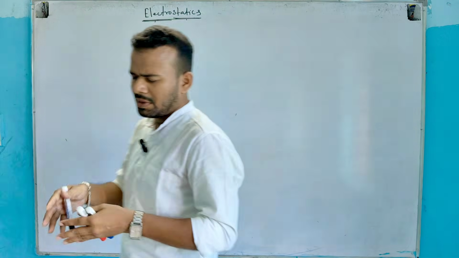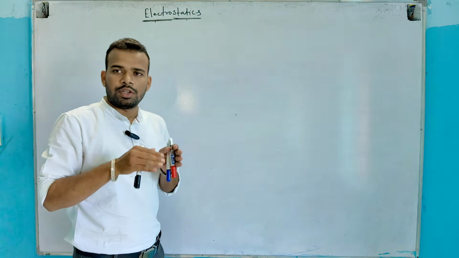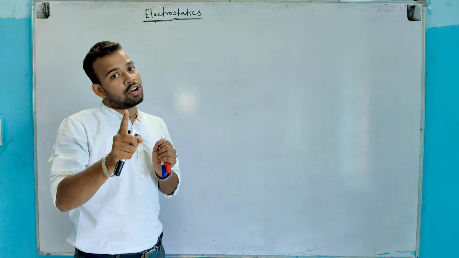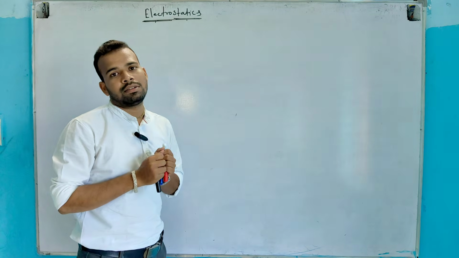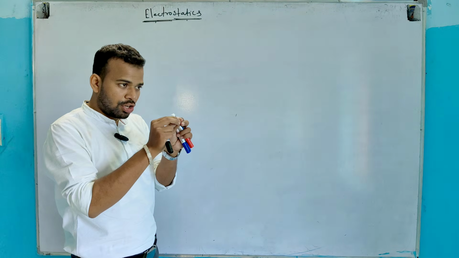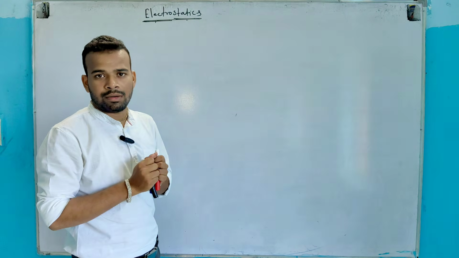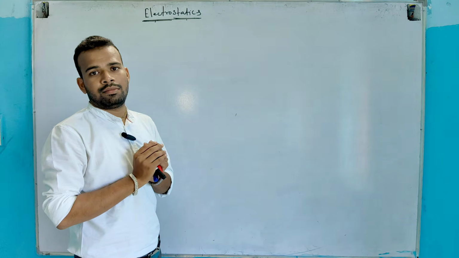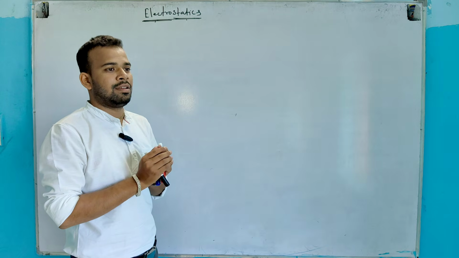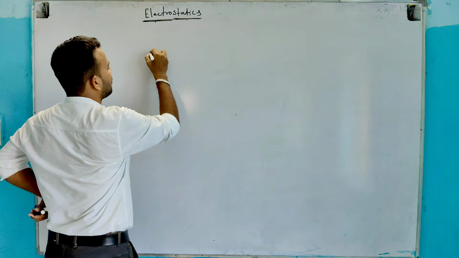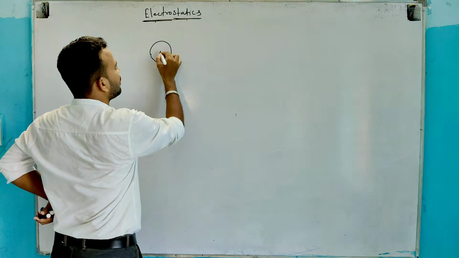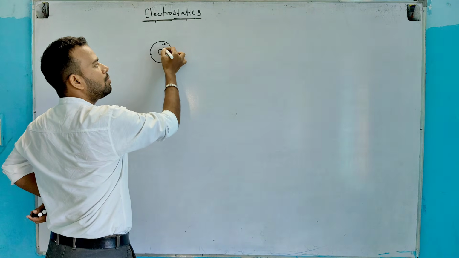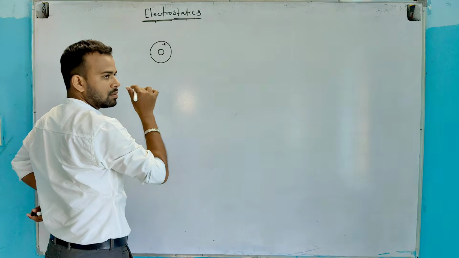Electron is the negative charge, proton is the positive charge, neutron is electrically neutral. As the electron is negatively charged, if an electron is removed from an atom, then suppose here is the atom, here is the nucleus, here is an electron, and the same number of protons is present inside the nucleus.